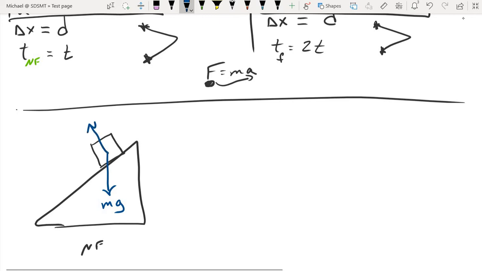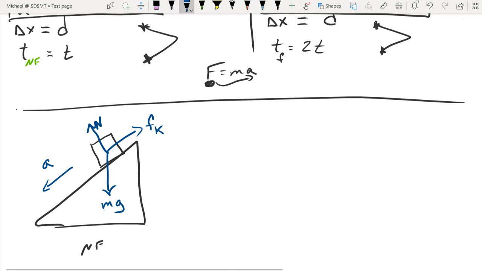There will be a normal force pointing normal to the surface. The acceleration of the pig is downhill, which means that our friction force will be uphill.